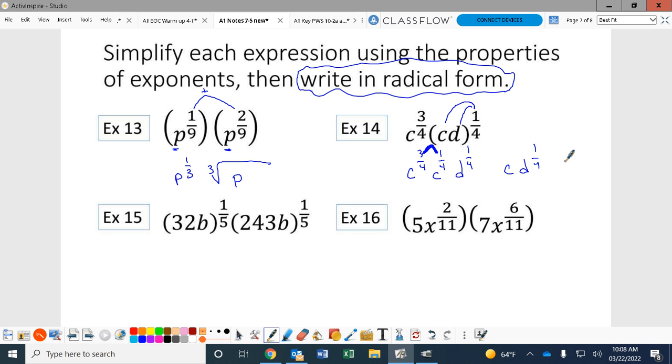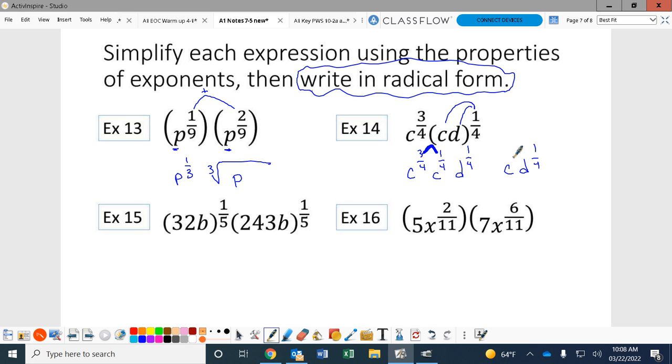Okay, now we have to write this as a radical, guys. Alright, is there a power on the c that needs to be turned? Is there a fraction on this c? No. So can we turn that into a radical?